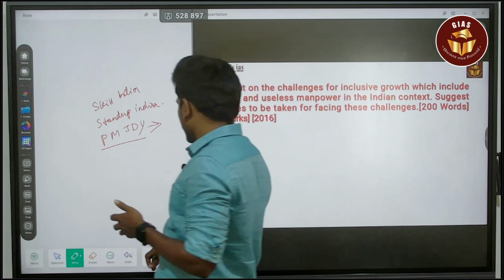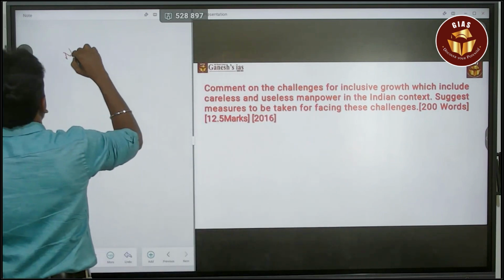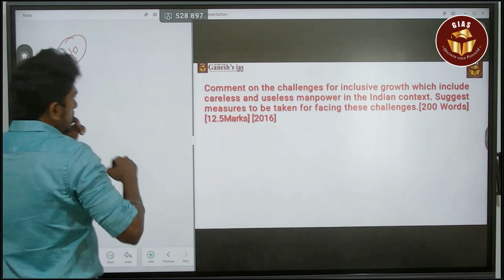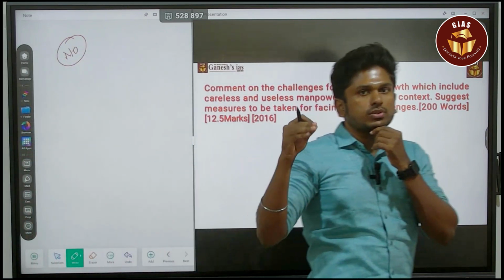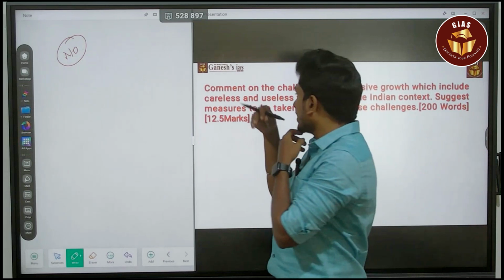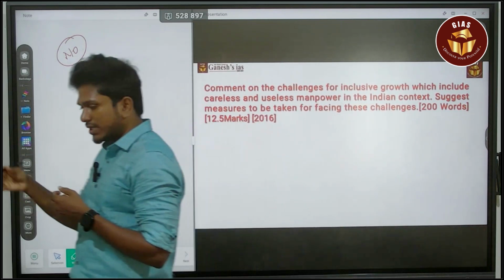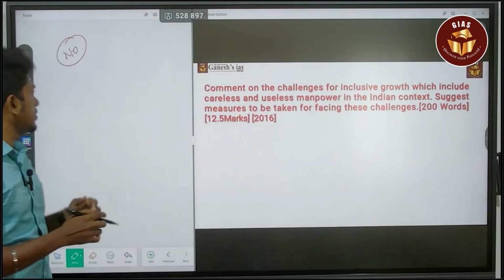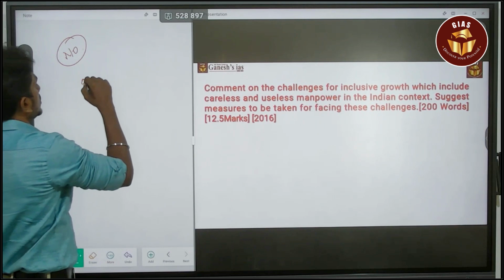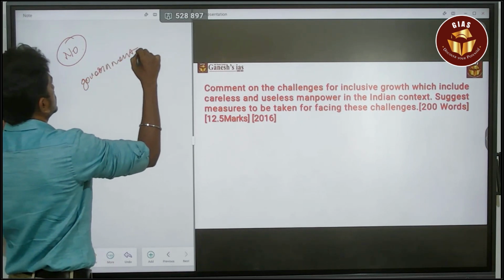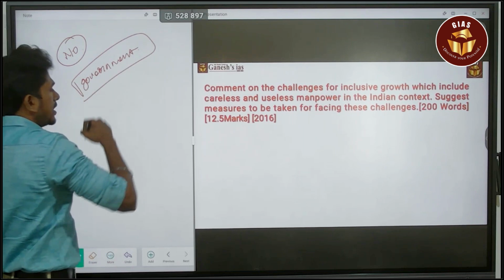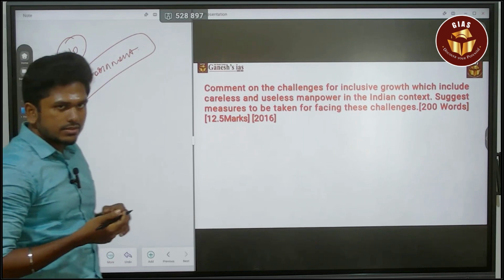Next, if you are saying that no, the challenges for inclusive growth are not only about careless and useless manpower, but also related to lack of government action.